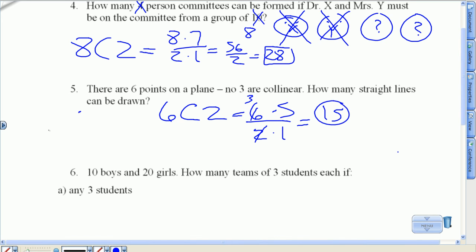And we can even look at it. Look at 1, 2, 3, 4, 5, 6. Ready? 1, 2, 3, 4, 5, 6, 7, 8, 9, 10, 11, 12, 13, and 14, and where's the missing line?